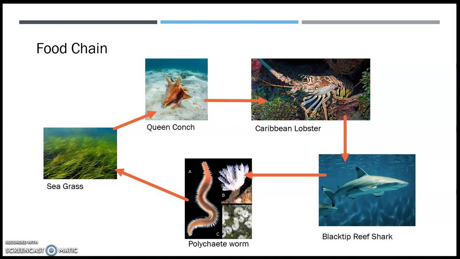And after the shark dies, it would fall to the bottom and these worms would break it down and create energy, and then the seagrass could use what the worms made.